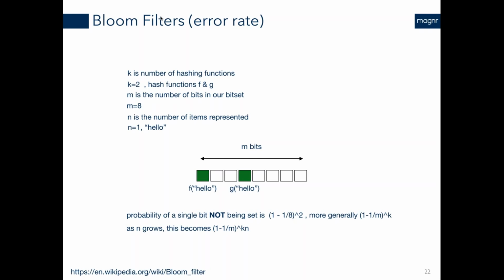If you think about it logically, if there was just 1 hashing function and we'd input 1 data item, then the probability of any 1 bit being a 0 would be 7/8.